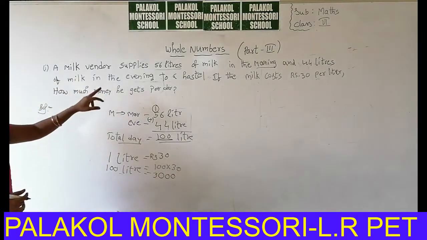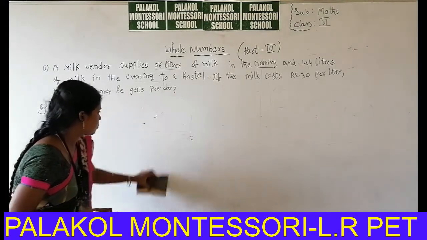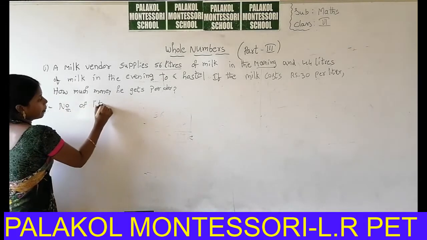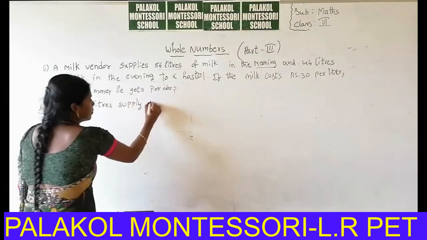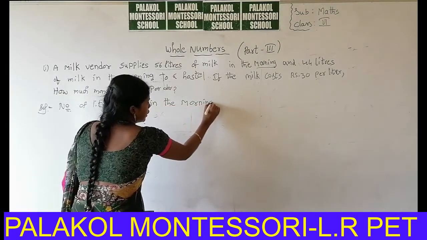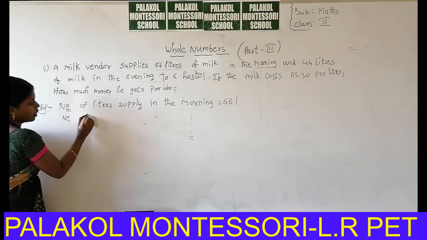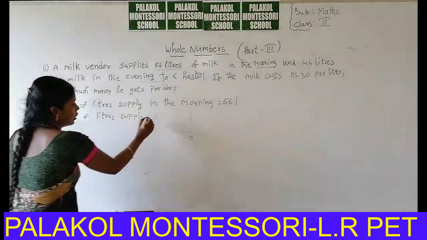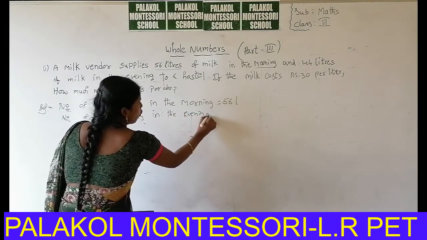So a milk vendor supplies, number of liters supplied in the morning: 56 liters. Next, number of liters supplied in the evening: 44 liters.